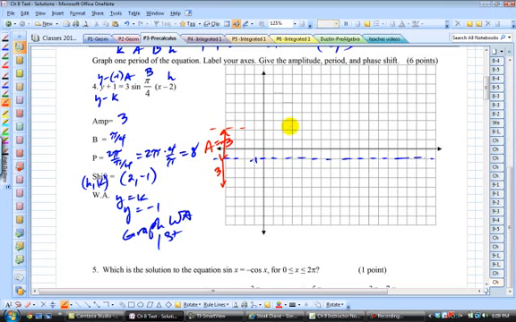Then I draw these lines to help guide my graph. I know it oscillates between these two lines, 3 units above the wave axis, 3 units below. Once again, the wave axis here is at -1. You graph that first, then go 3 units up, 3 units down. It has to oscillate in through here.